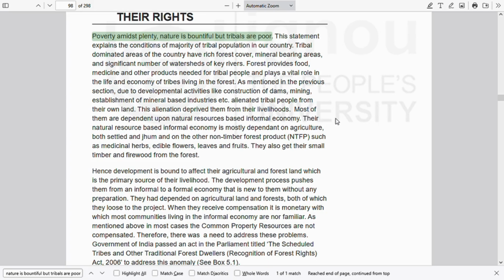Also, you should know that in the semester exam, the term exam, you don't have to write paragraphs. The questions will be of objective type. There will be multiple choice questions, and you only have to mark the right answer.